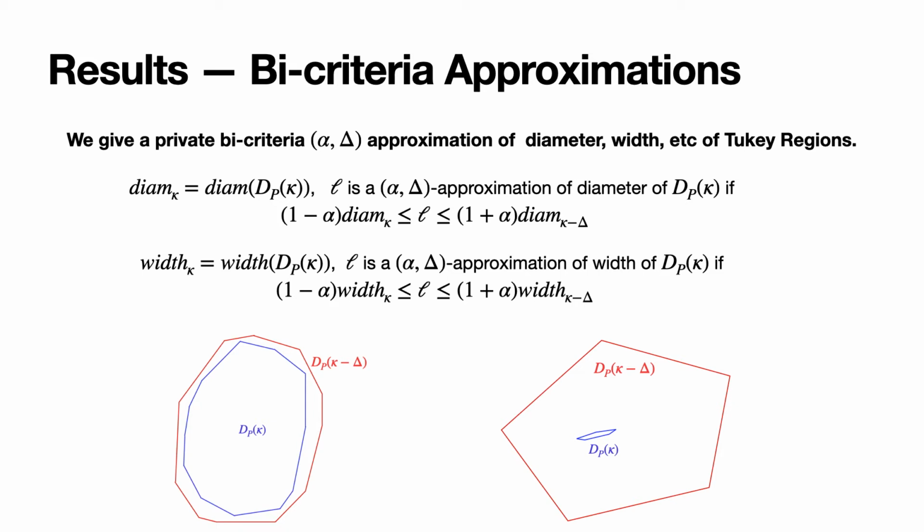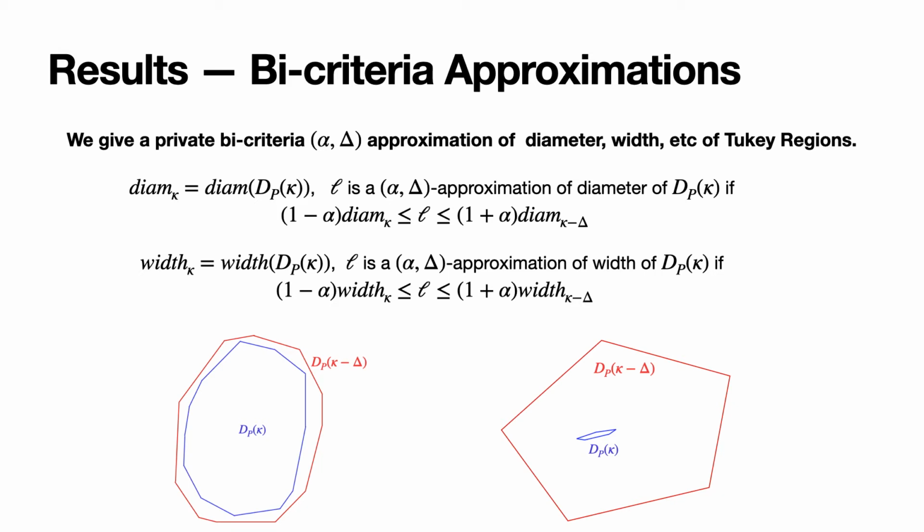We propose differentially private algorithms to approximate those bicriterial measures of Tukey regions. Note from those notions that the accuracy of the measure approximation is always related to how close the kappa Tukey region and the kappa minus delta Tukey region are.